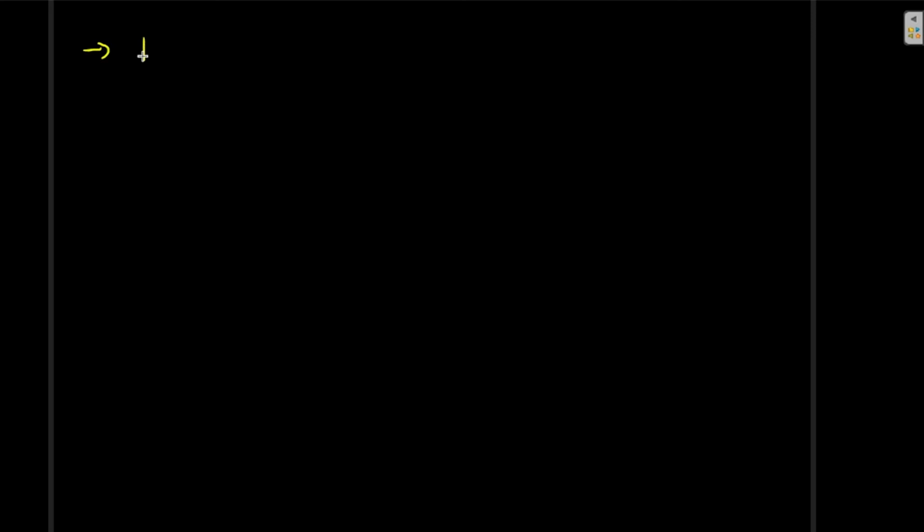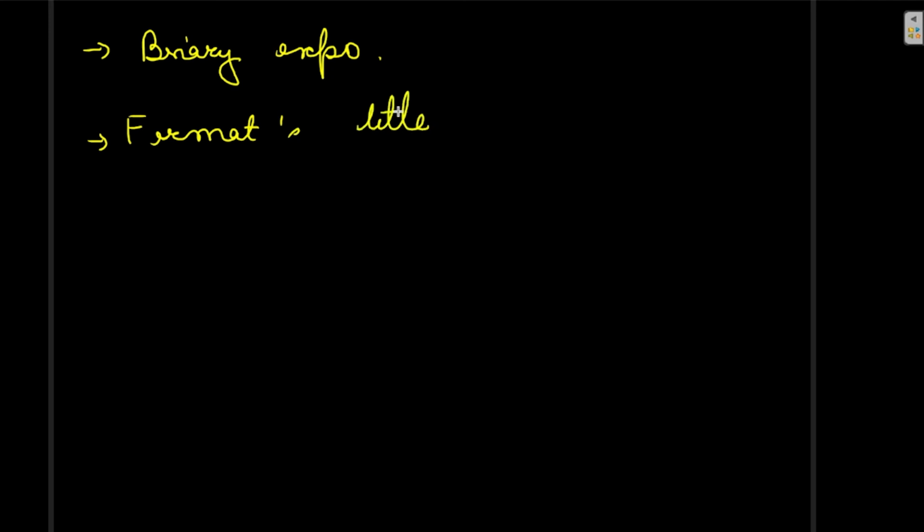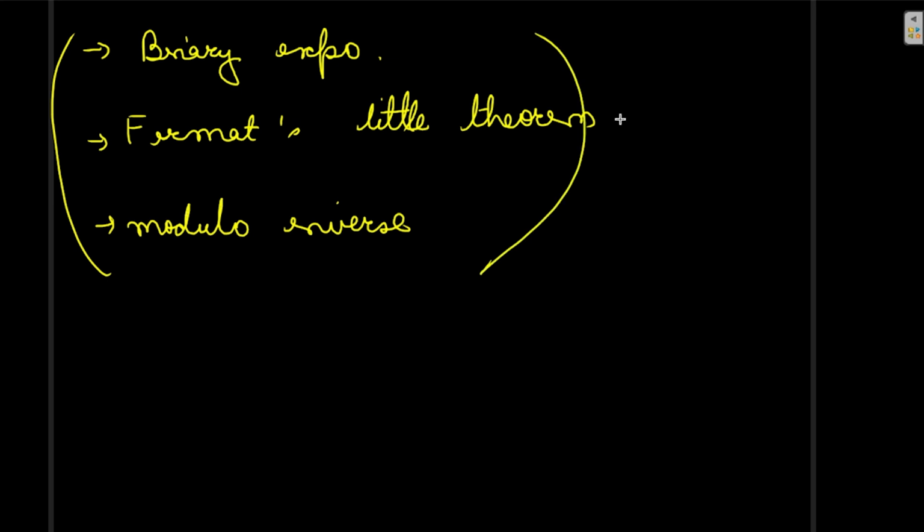The prerequisites are binary exponentiation, Fermat's little theorem, and then modulo inverse, and then modulo arithmetic. If you have all these prerequisites covered, then I would simply show you how this is calculated.